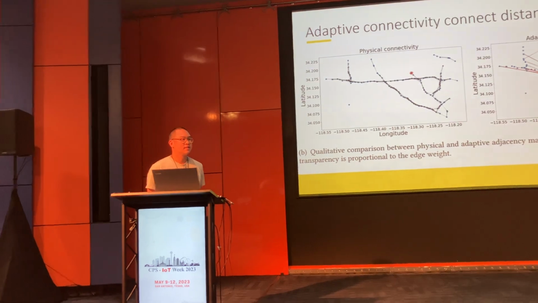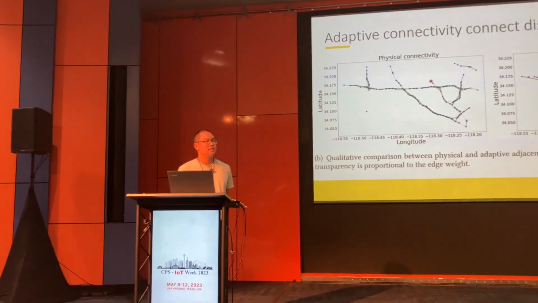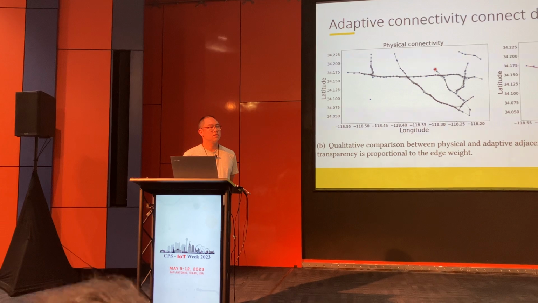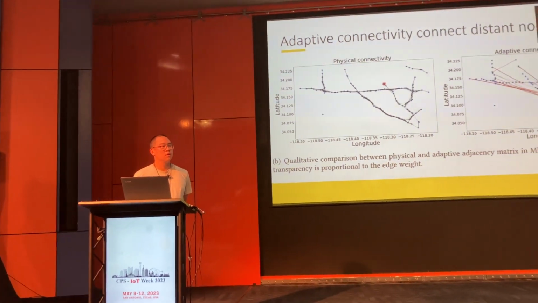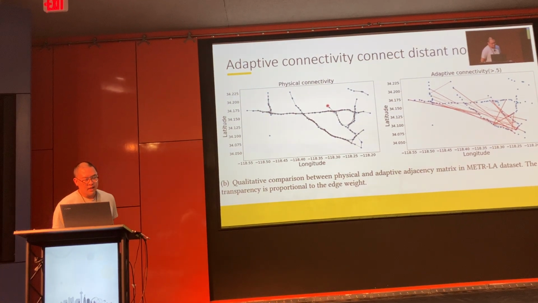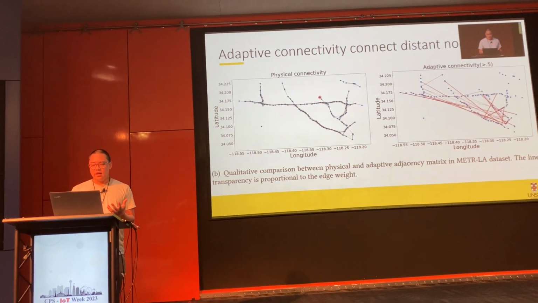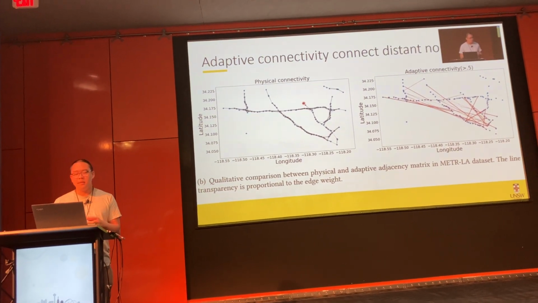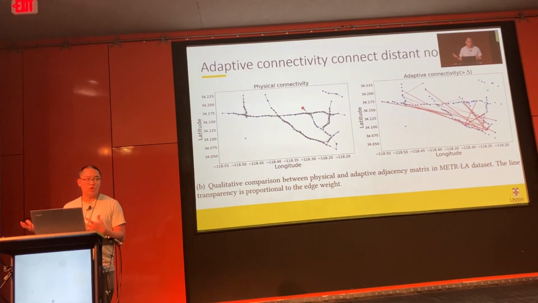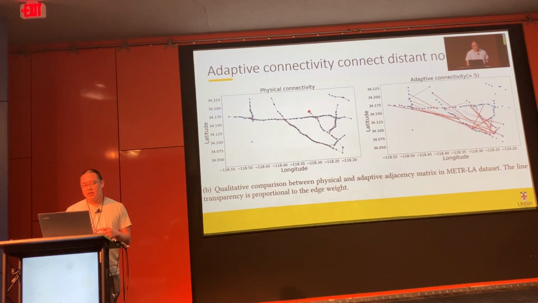Hello, thank you for the talk. I was wondering, what are the actual applications for a traffic engineer or someone in civil engineering, if they know the physical connectivities of these roads? I'm not sure. Good question. I haven't looked into that yet, but there are some ideas that I know from other people in my group who deal with spatial temporal data.